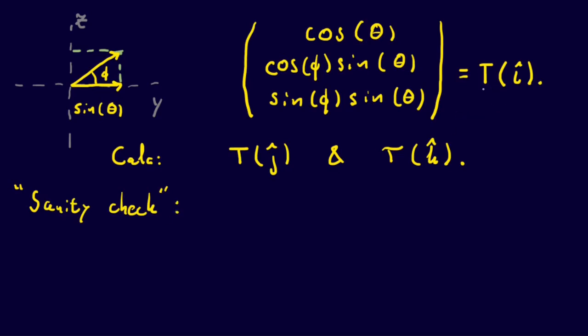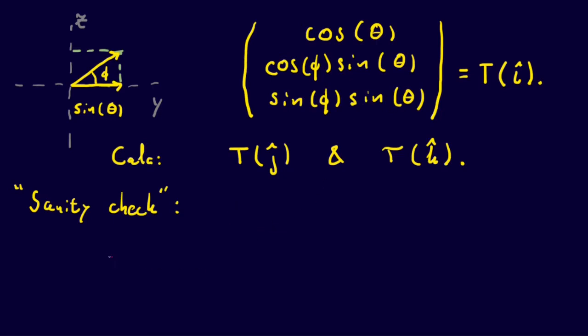So this is the result of rotating a vector that had unit length, the i hat vector, around some angles. So if I started with a unit vector and rotated some, it should still be a unit vector.